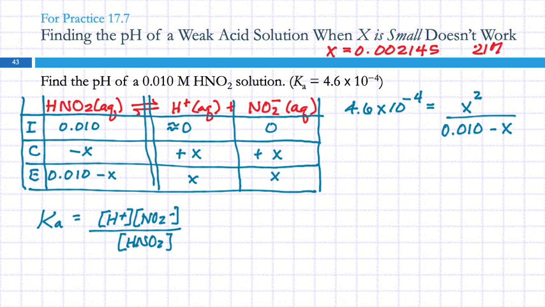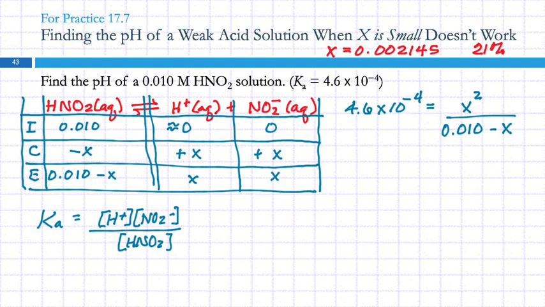That is 21% of this number. So we can't ignore x when we're subtracting here. So we do need to use the solver this time, or, God forbid, the quadratic equation.